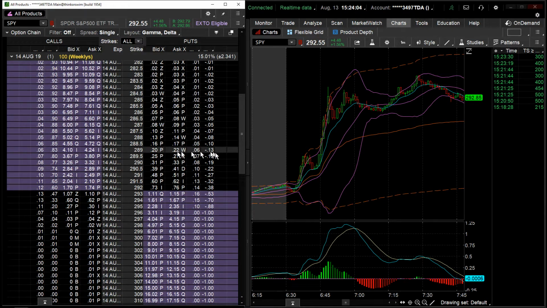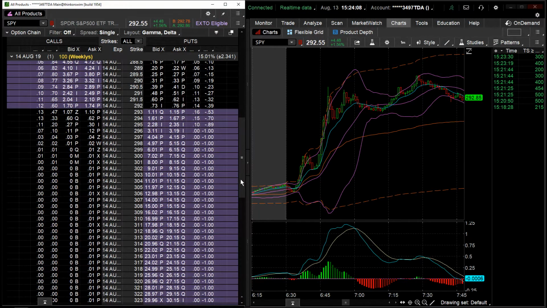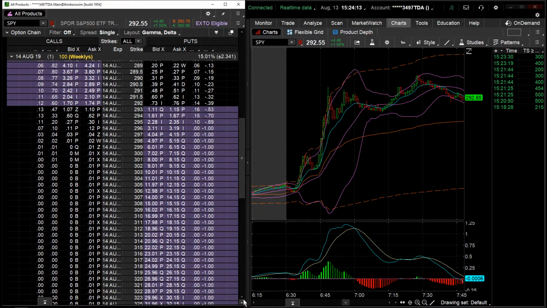Whenever I buy a strike price, my order gets filled on the ask. So we can see the ask is at 22 cents. At the same time, if I want to get out as soon as I got in, we have the bid at 20.